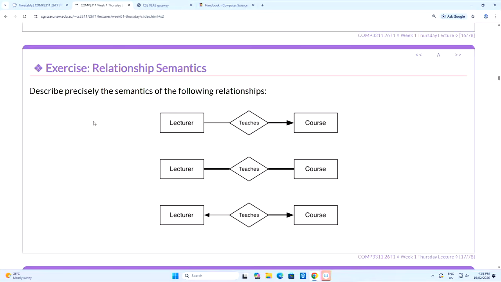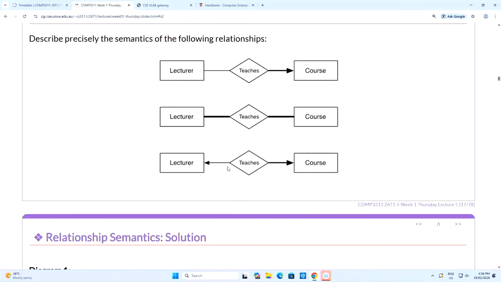And how many courses does a lecturer teach? 0 or 1, exactly. Because lecturers have partial participation, and because this is one-to-one, a lecturer teaches 0 or 1 courses. So it is possible that in this case, the lecturer does not teach any course.